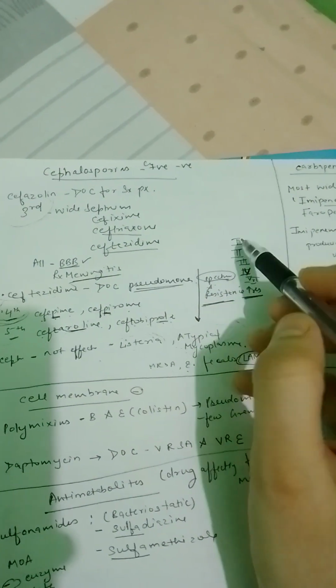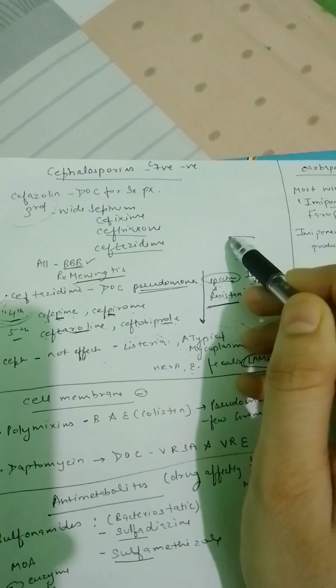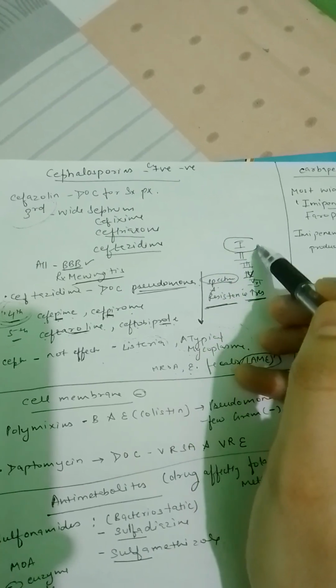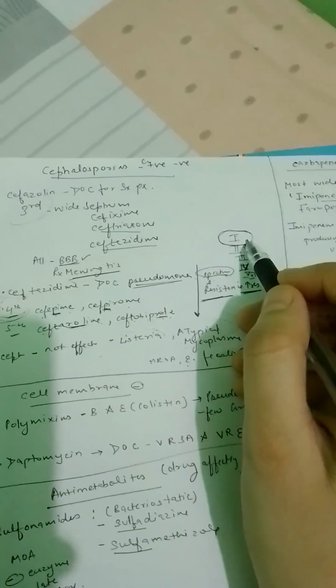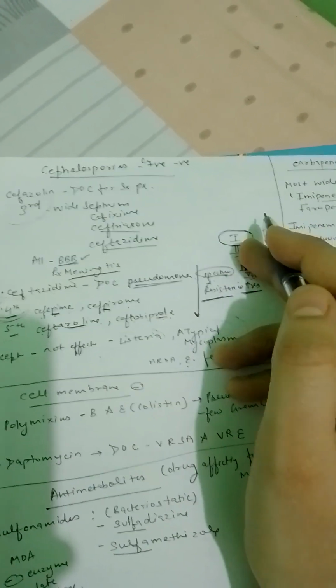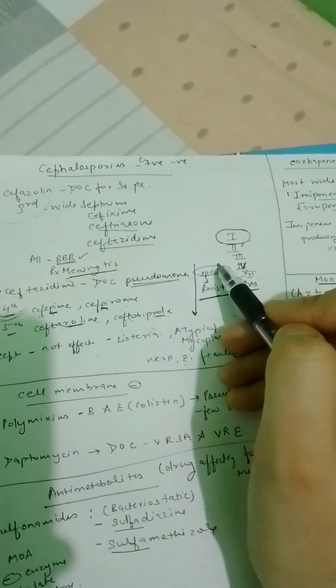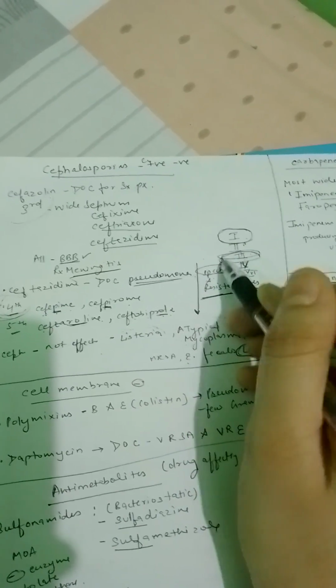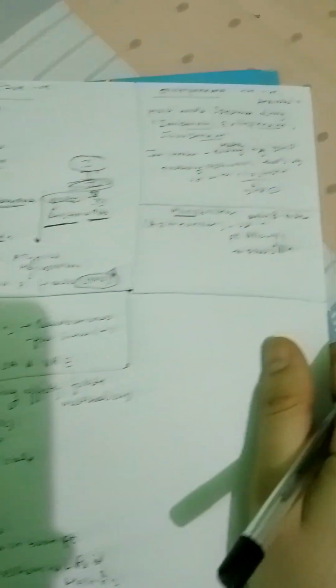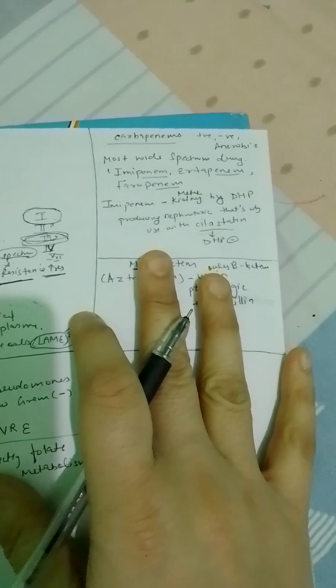For example, if we gave a patient a first generation cephalosporin for an infection but the patient is not treated yet, we can just give another cephalosporin, maybe the third one, because the third one has a wide spectrum.